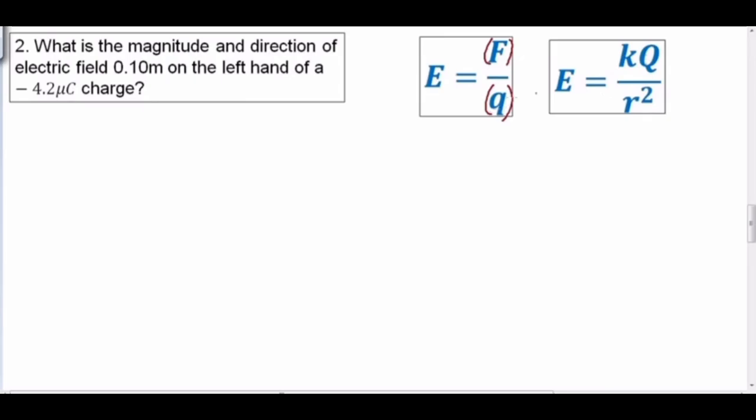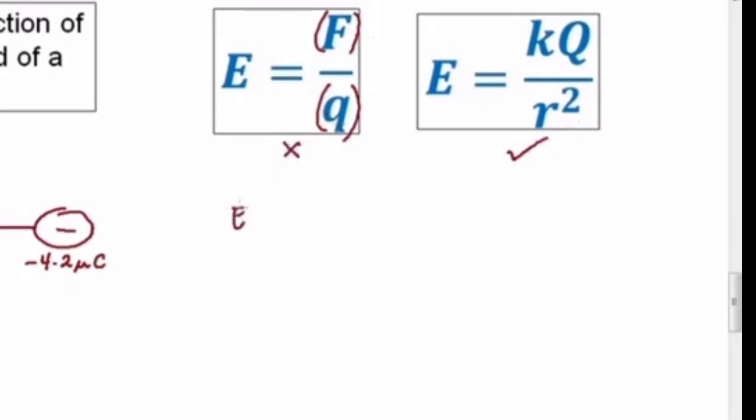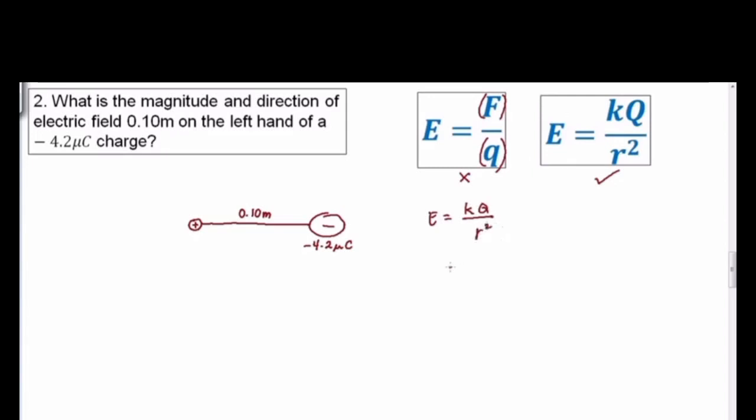So okay, since walang given na charge, itong ikalawang formula ang ating gagamitin. Ang formula natin is E is equal to kQ over r squared. So, ang k ay Coulomb constant and ang Q ay charge. Okay, so let's substitute the given.